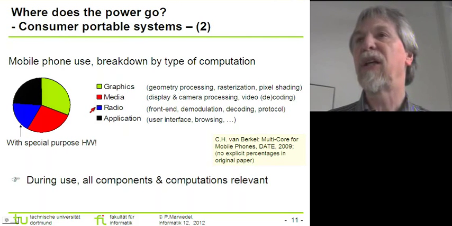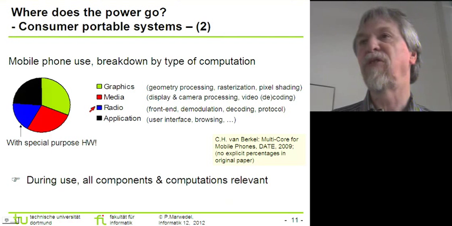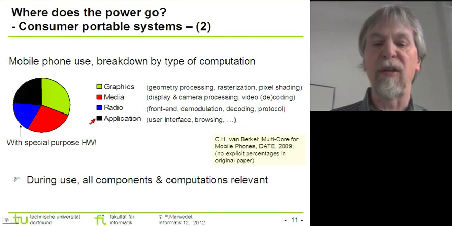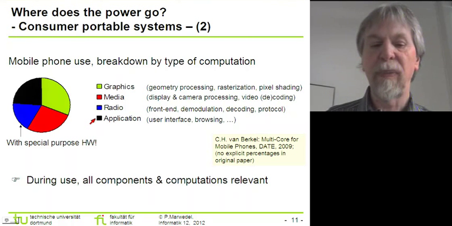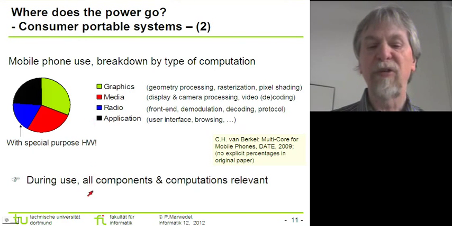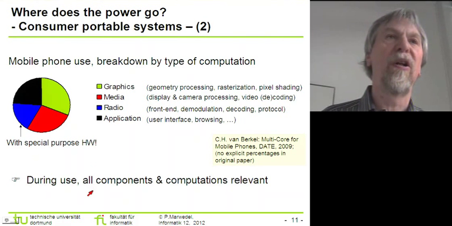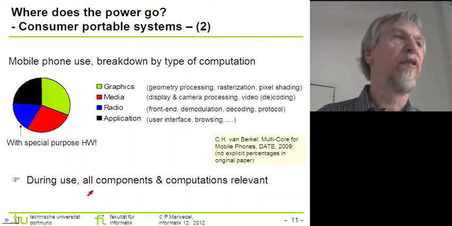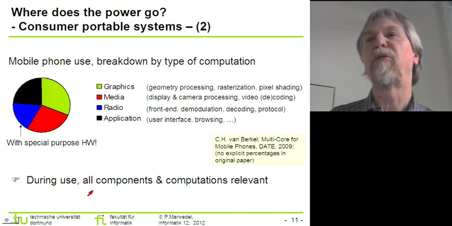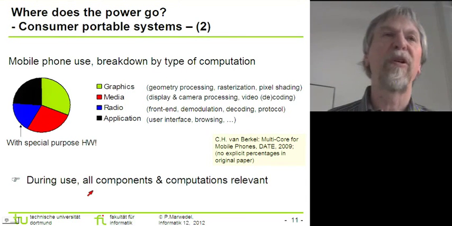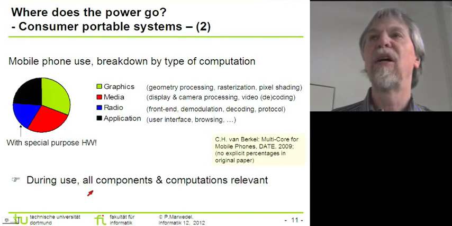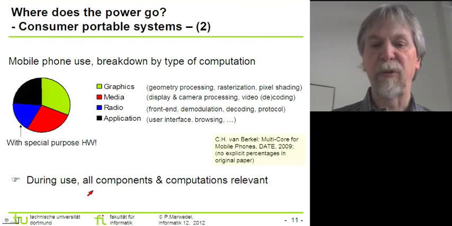The RF part is indeed in charge of a major share of the energy consumption, and the application processor also has its share. So as a conclusion, we do have to consider all the different components here. It's not that we can argue, well, this part of our system is hardly relevant for the overall energy consumption. We have to look at all the different components here.